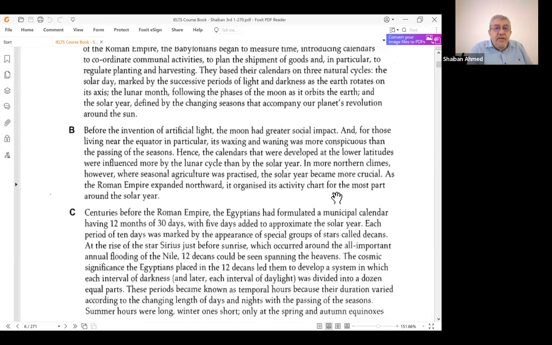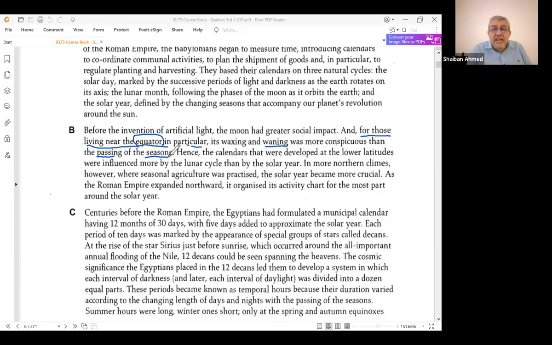Okay, B: before the invention, the moon had a greater social impact. Now, for those living near the equator, in particular, its waxing and waning was more conspicuous than the passing of the seasons here.